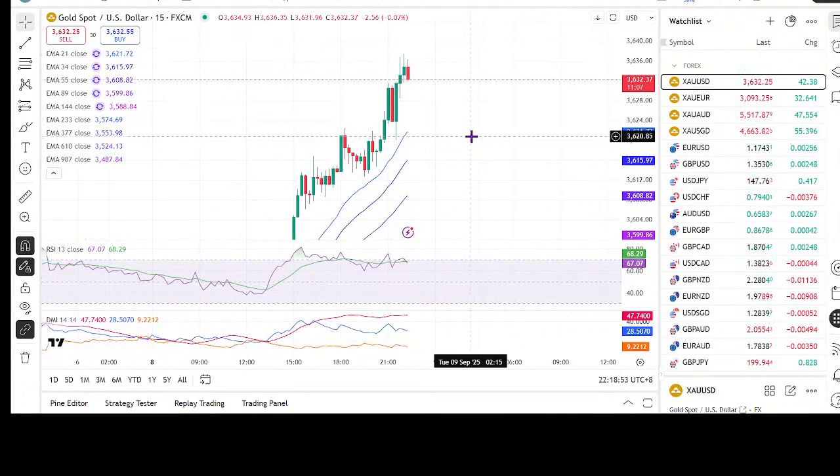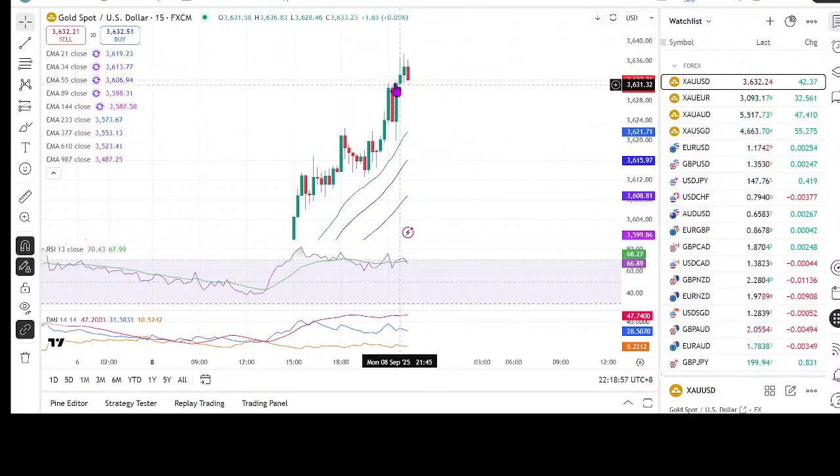Okay, so now we are seeing what we are supposed to see.